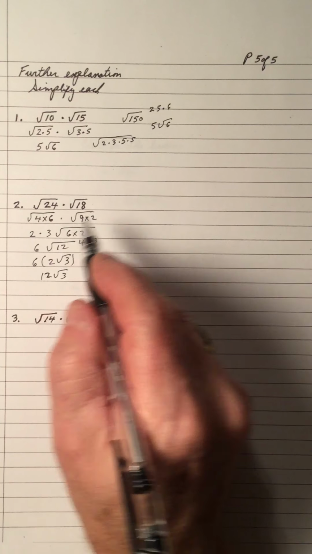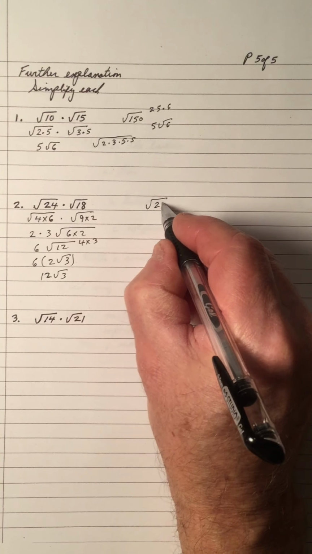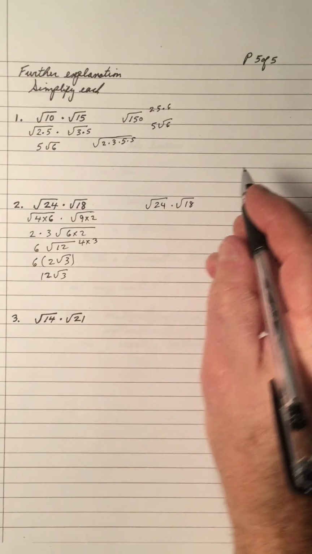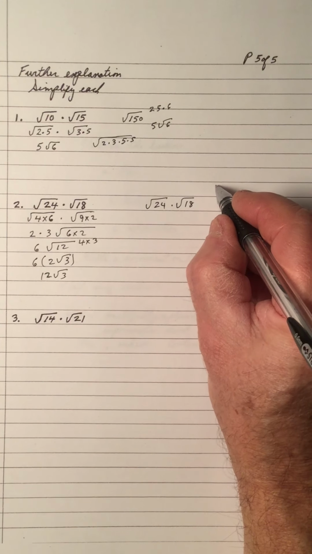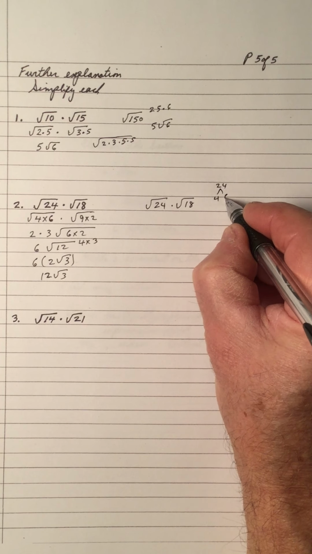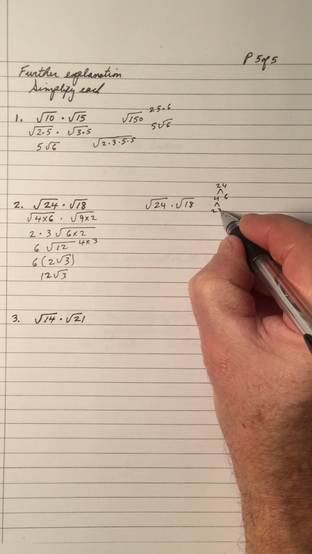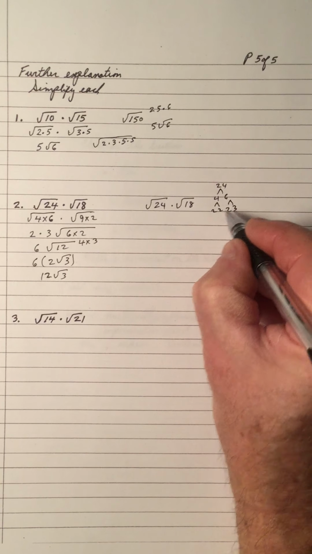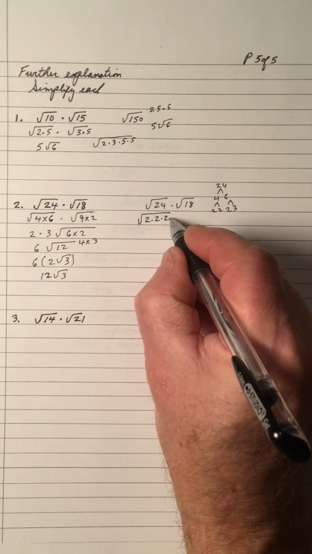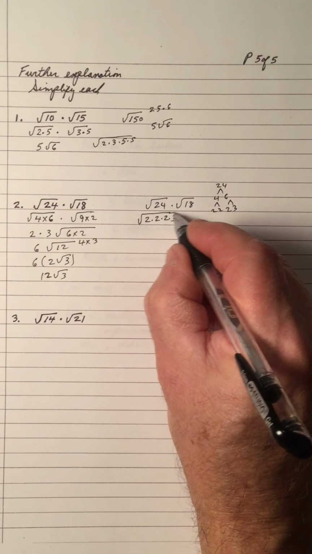So you can go that way, or if you say, well, that's a little bit confusing, break it right down from the start. Take the 24 and go 4 times 6, and 4 is 2 times 2, 6 is 2 times 3. So 24 is 2 times 2 times 2 times 3.